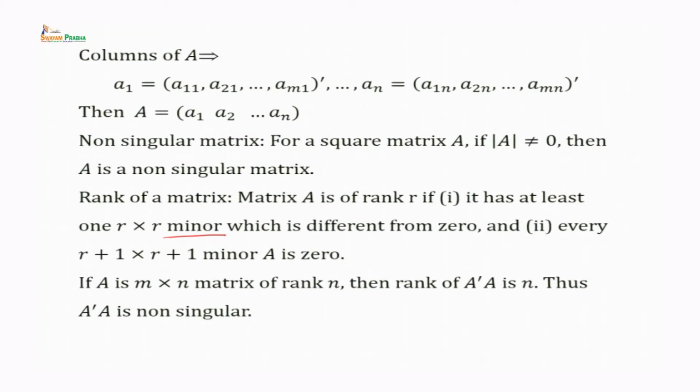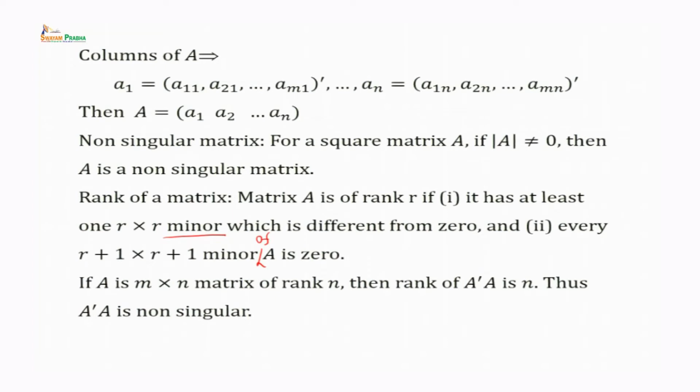So, if you get at least one R cross R submatrix of A having determinant different from 0, and every R plus 1 cross R plus 1 minor of A is 0, then we say that the matrix A is of rank R.